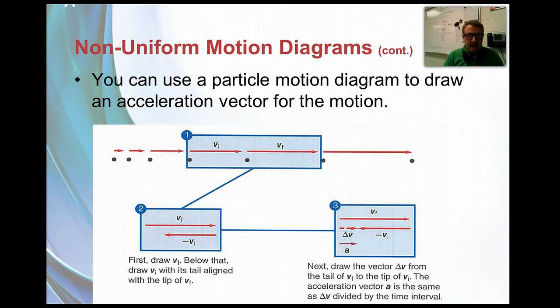Now acceleration is a change in an object's velocity. When we talk about a change in an object's velocity, it's equal to the final velocity minus the initial velocity.